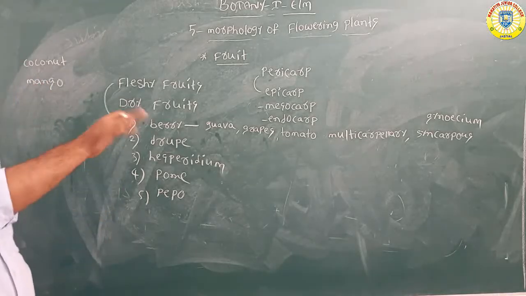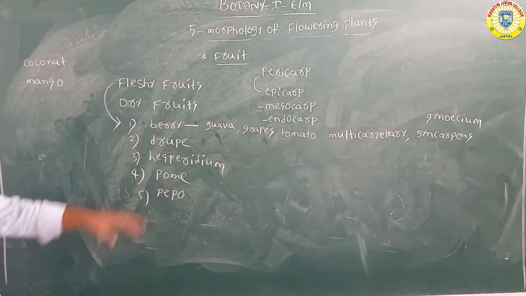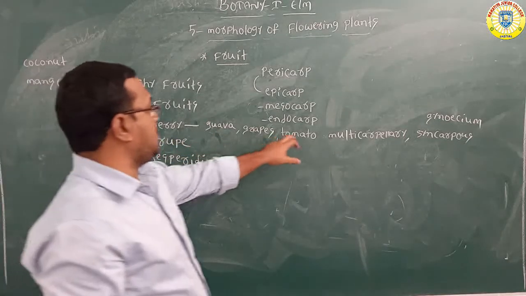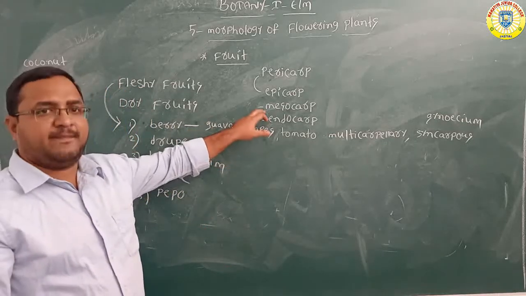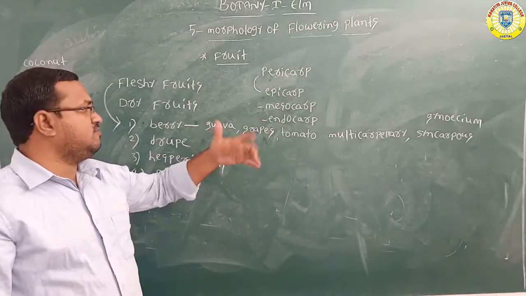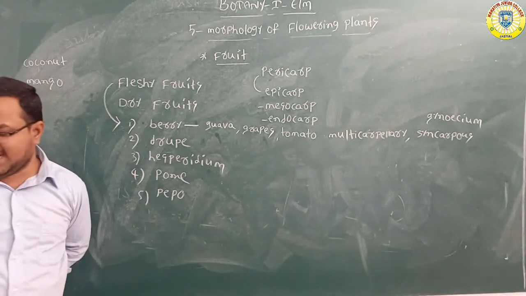From this multicarpellary syncarpous gynoecium, berries are developed, best examples guava, grapes, tomato. In these berries, the mesocarp, the middle layer, and the endocarp are both converted into pulp. The seeds are hard in the berry.